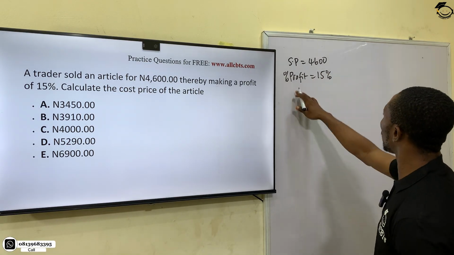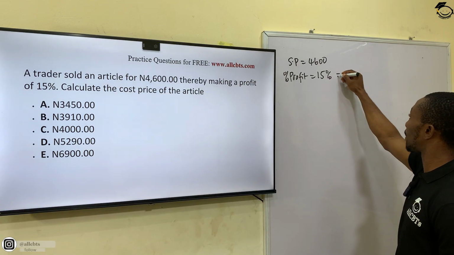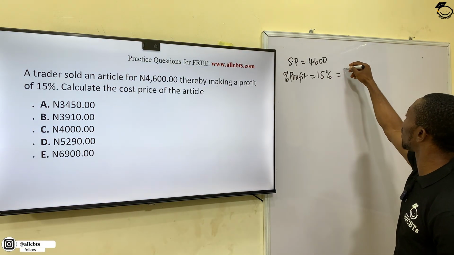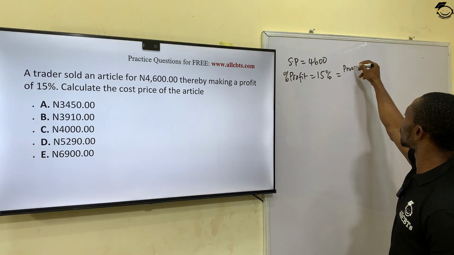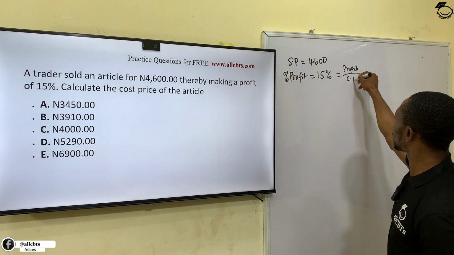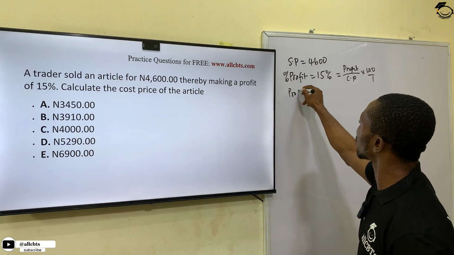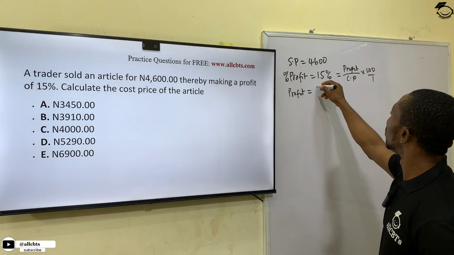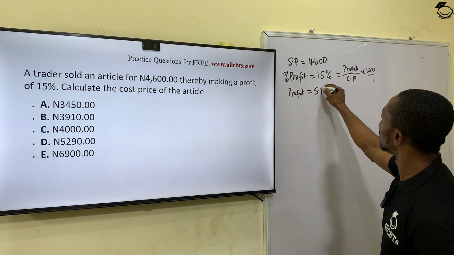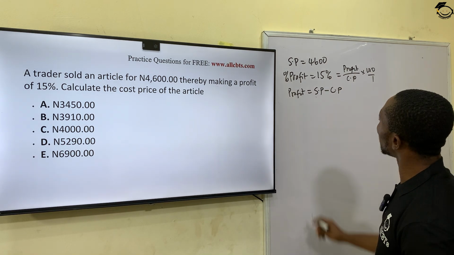All right, now how do we calculate our percentage profit? Our percentage profit is calculated by our profit over cost price times 100 over 1. And we know our profit is selling price minus cost price.